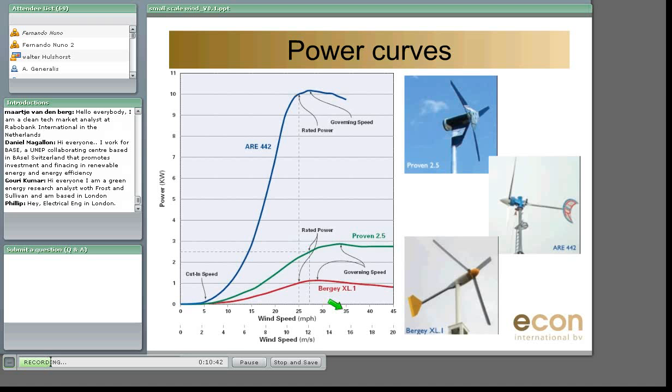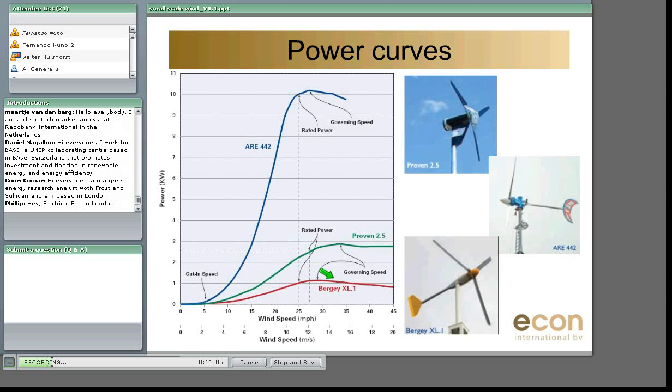If the wind speed is higher than that value, you won't get any output from this wind turbine. The other wind turbines are still running and still producing output. You have to be sure if you want to buy a wind turbine. I think it would be very nice if you bought one with a very large cut-out speed.